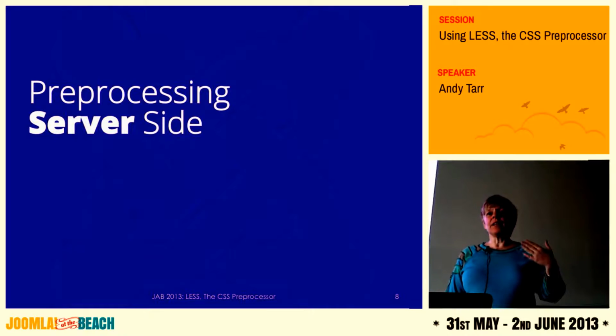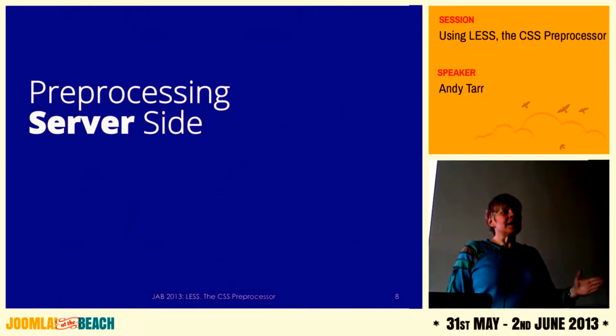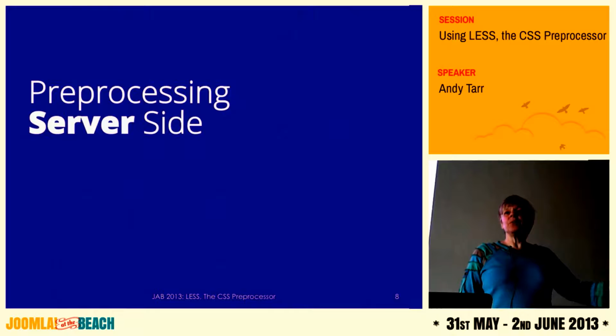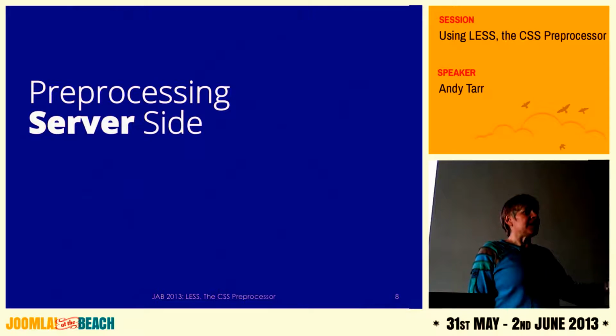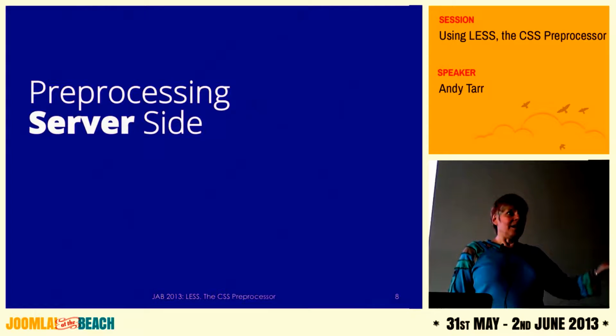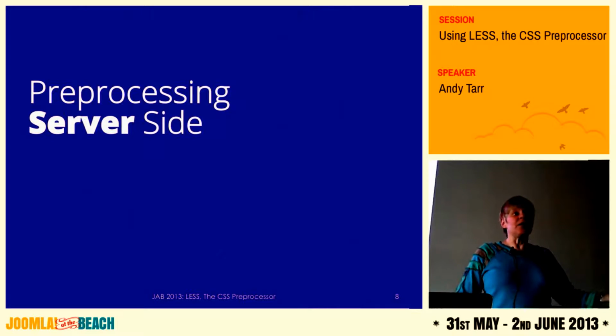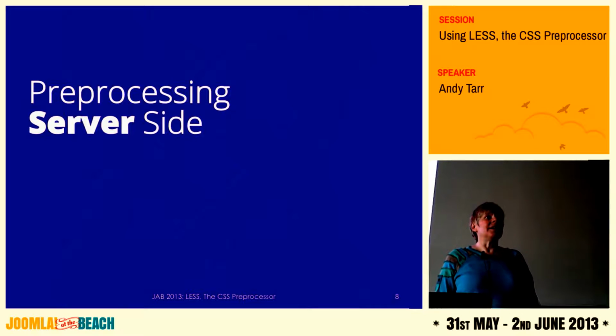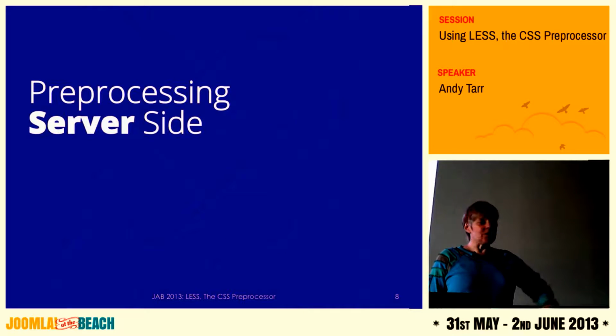You create your LESS files, you preprocess them, and the output is a CSS file, and then you just use that CSS file just like any CSS file in your index.php file. So you don't even have LESS showing in your program at all. Those are just source files that you keep in order to create the CSS file that you use.